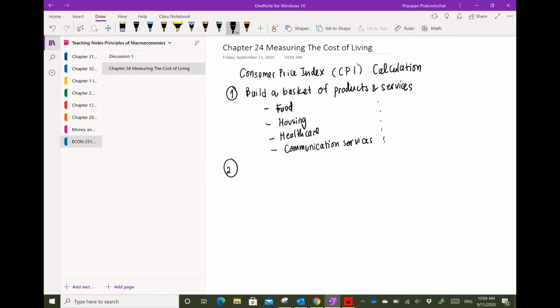Second step, you're gonna find the price of those products. Okay, so Bureau of Labor Statistics will collect the data on prices of all products in the basket. Third step, after they get the price, they can calculate the cost of the basket.